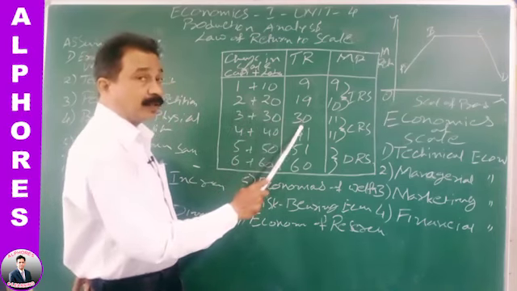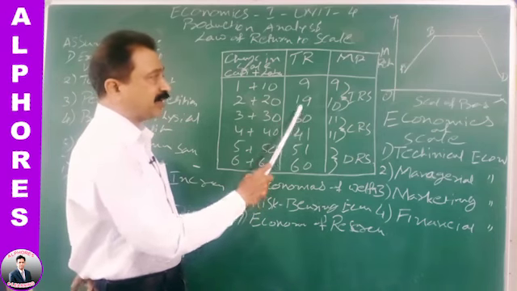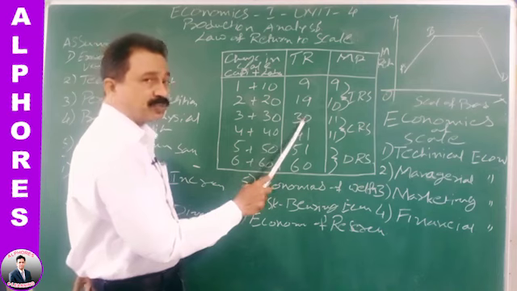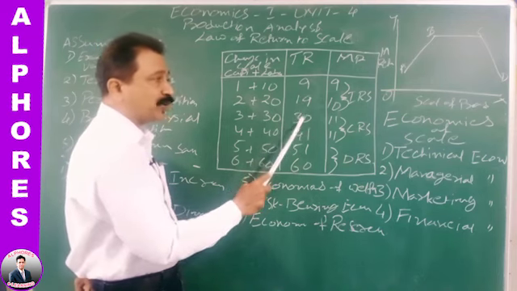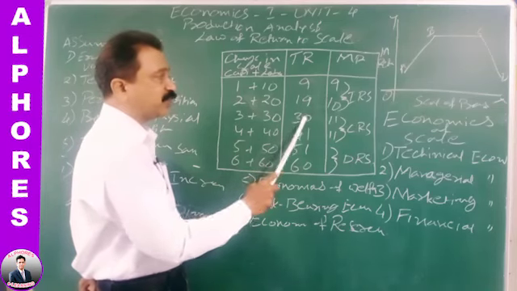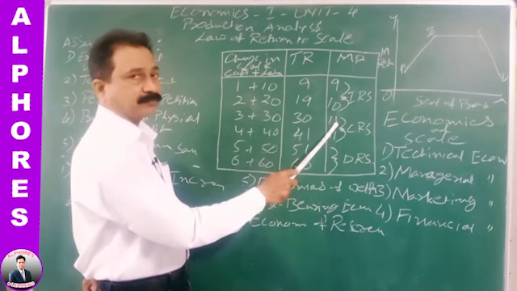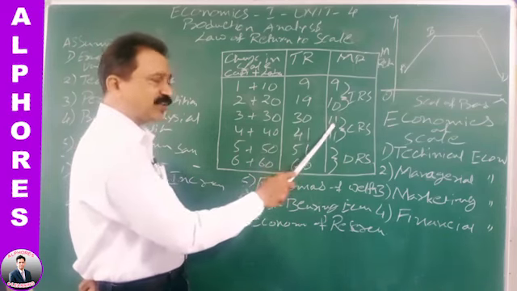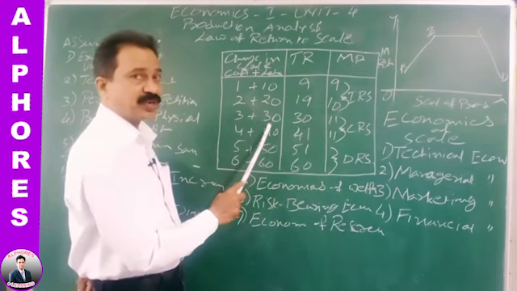What are the total returns? 30. 30 minus 19: present minus previous, you will get the marginal returns. It is 11. Till here it is increasing. But let us see what happens in the next step.